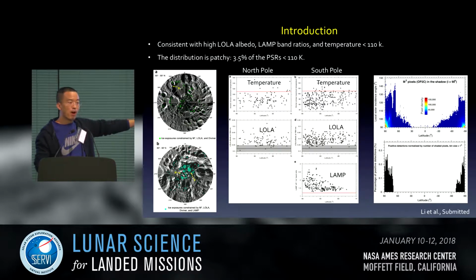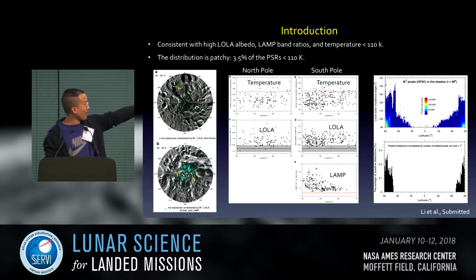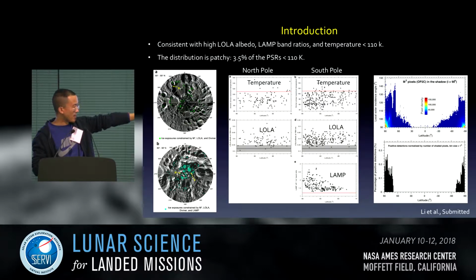It's above the average, one standard deviation higher than the average value of the North and the South Pole. However, the distribution of these ice exposures is very patchy. In the most right plot, showing all the shaded pixels we examined, only a few percent of them have water ice exposures. What I mean by water ice is molecular water, not hydroxyl.